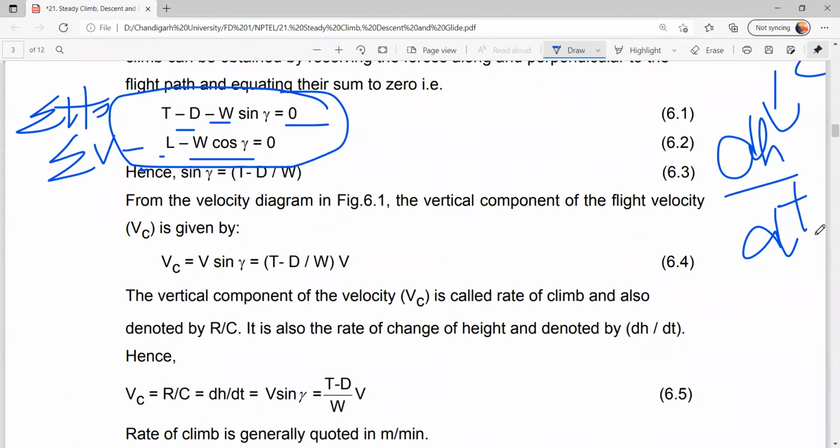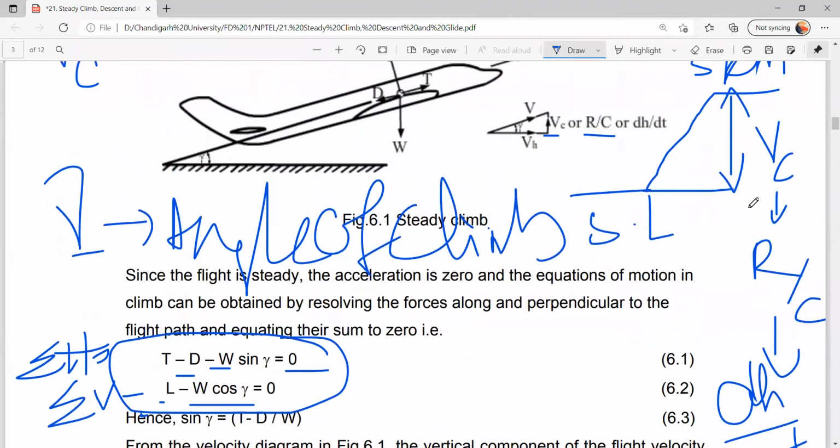Okay, dh by dt: climb speed, climb velocity, speed of climb, rate of climb, all these parameters are the same. So if you are reading any other book, they may mention rate of climb. Some books might mention climb speed, right? And notations will also vary. So you need to understand the concept, then you can easily calculate the parameters.